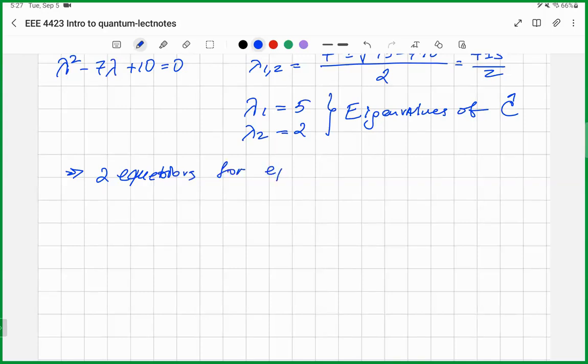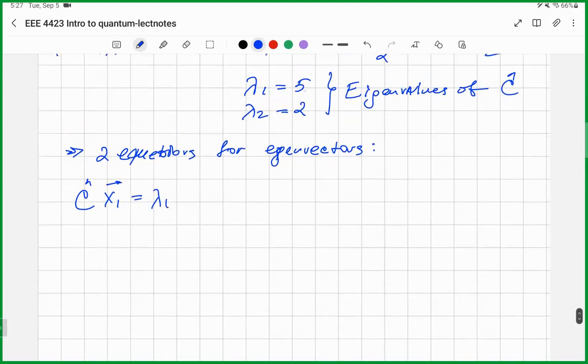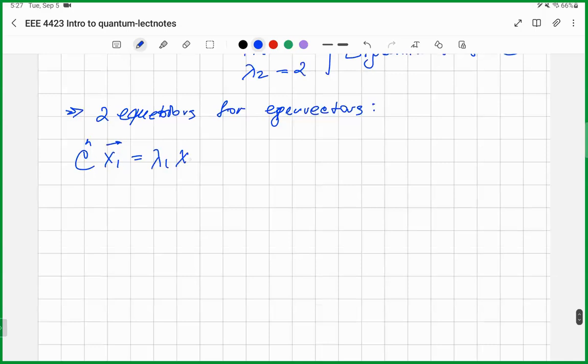It's going to be C x1, which is the first eigenvector, equals lambda 1, which is 5 in our case, times x1, right?